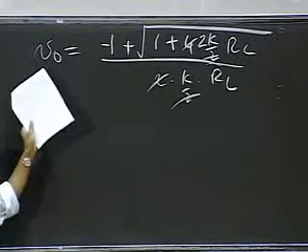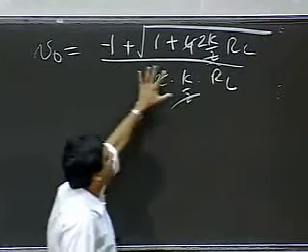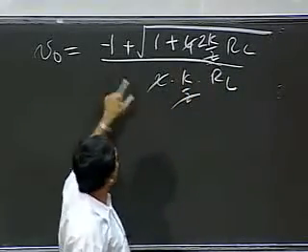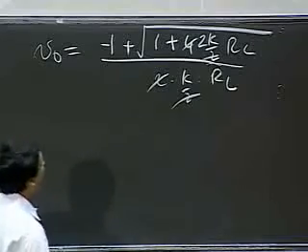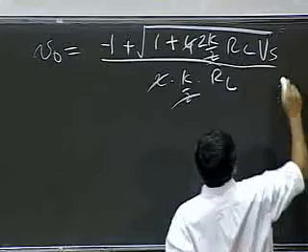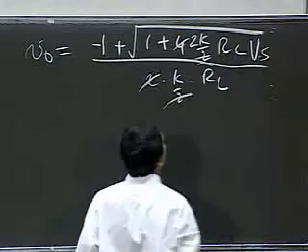So it tells me that V naught, at the point where the output just equals one threshold drop below Vi, is given by the other circuit parameters such as Vs, RL, and so on. Oh, I'm missing a Vs here, I forgot the Vs up here.